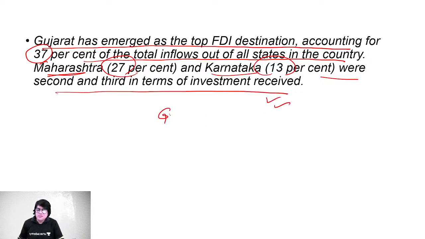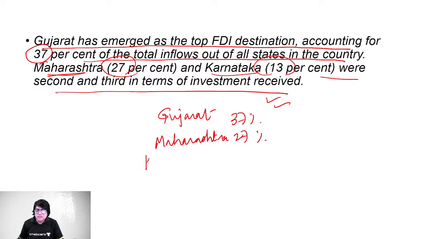So you see Gujarat is on the top with 37%, followed by Maharashtra, that is 27%, and followed by Karnataka, that is 13%. So we can see that there's a whopping difference. 37% is way ahead of 27%, and still way ahead of 13%. So Gujarat is actually taking the lead and is setting a great example for other states to follow.